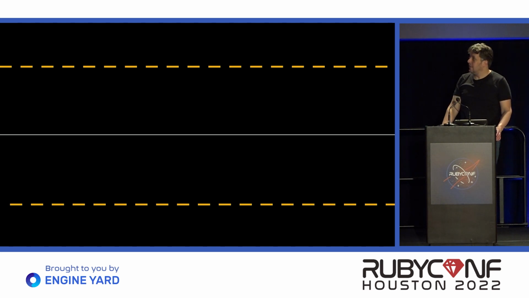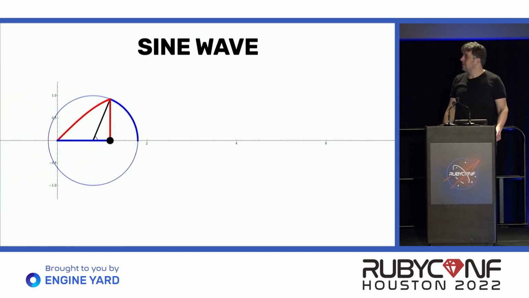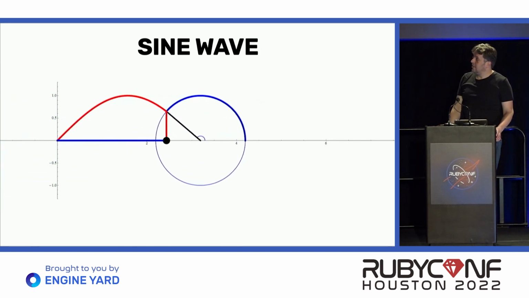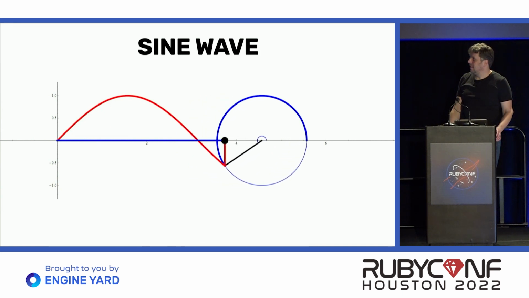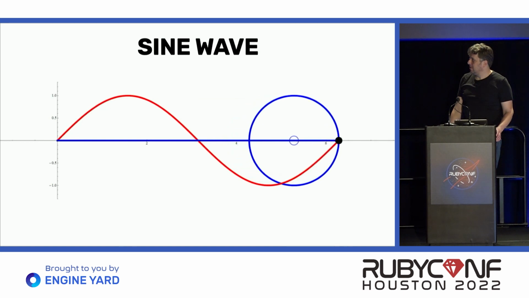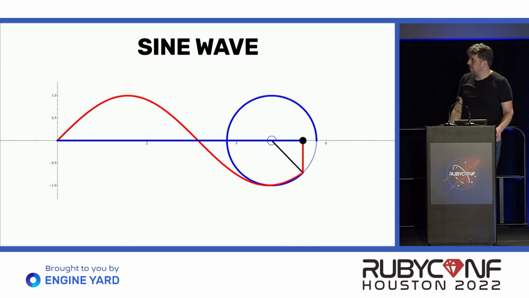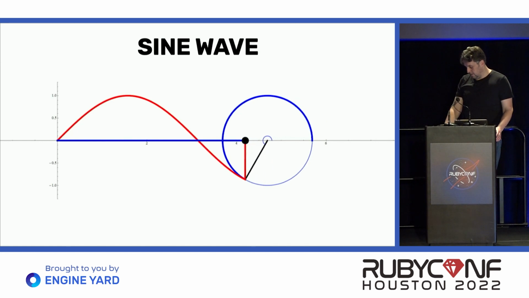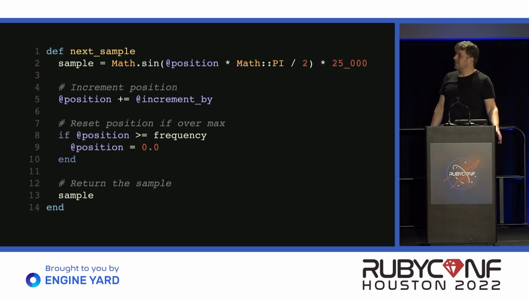And the next one that's used a lot is the sine wave. The sine wave looks like this. You can draw it using a circle, as this image demonstrates. This is a fundamental building block of a lot of sounds, actually all sounds. The way we generate a sine wave is we use the Math.sin function in Ruby, and we can use pi here to plot a position in this circle based on the position we have.